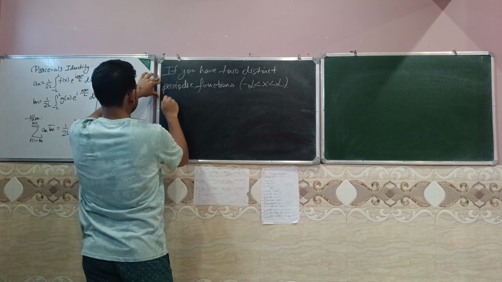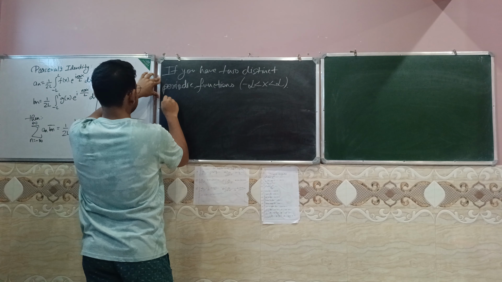So if we talk about the coefficient a sub n, a sub n is 1 over 2L times the integral from negative L to L of f of x, the first periodic function, times e to the i n pi x over L dx.